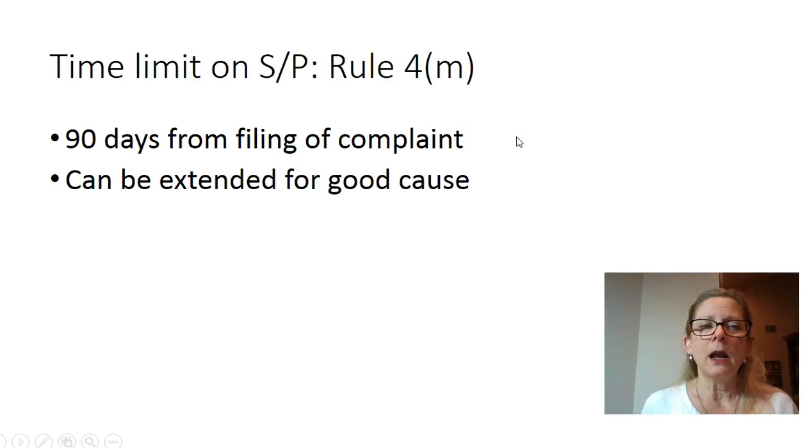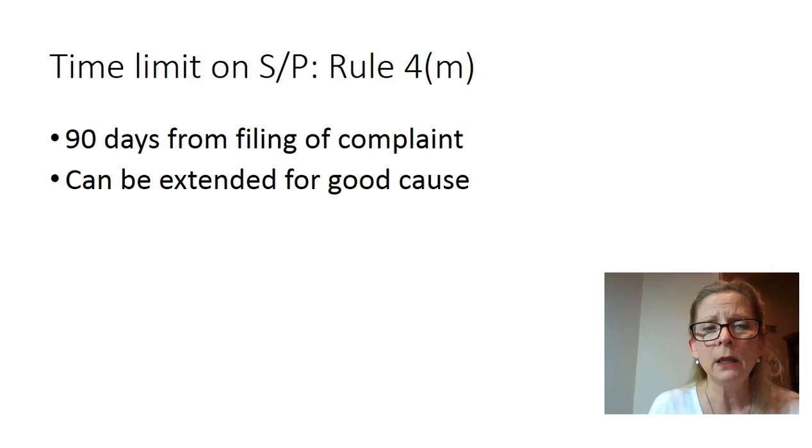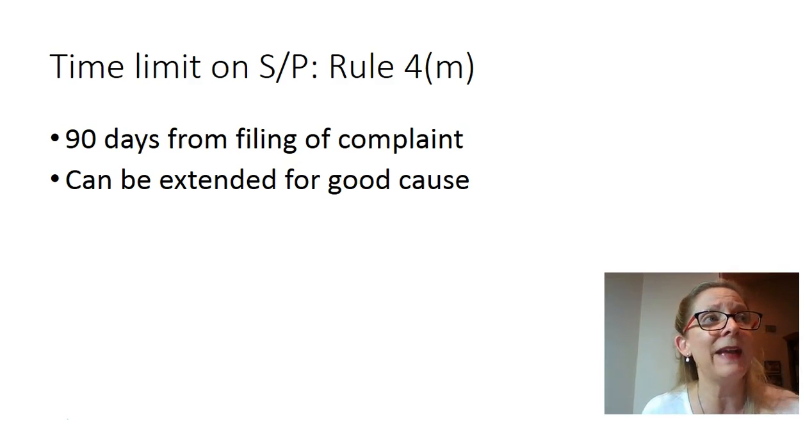Okay. There is a time limit on service of process, which is set forth in Rule 4(m), and the presumptive amount of time that a plaintiff has to serve process on a defendant is 90 days from the filing of the complaint.